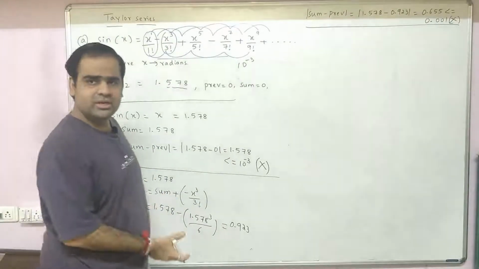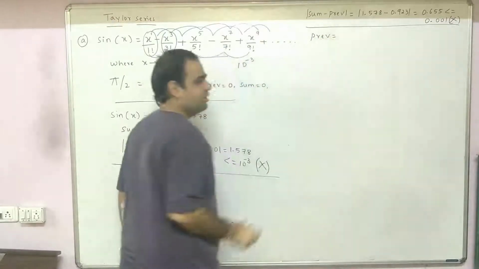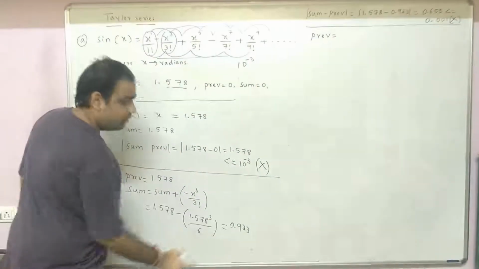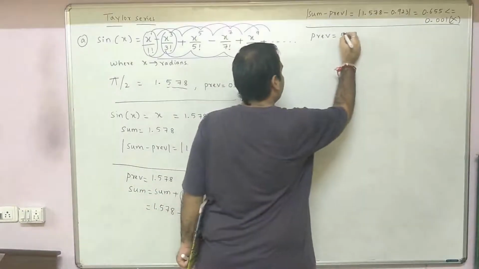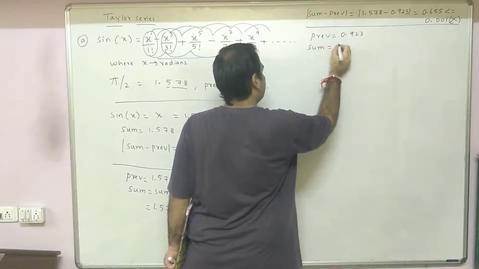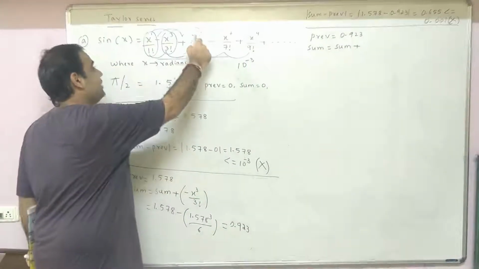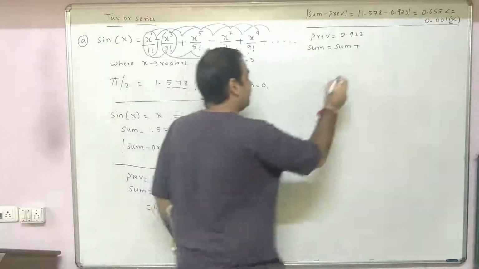How do we compute the next step? We say previous equal to sum, and the value of sum is 0.923. And we say sum is equal to sum plus the next term. What is the next term? x to the power 5 divided by 5 factorial.